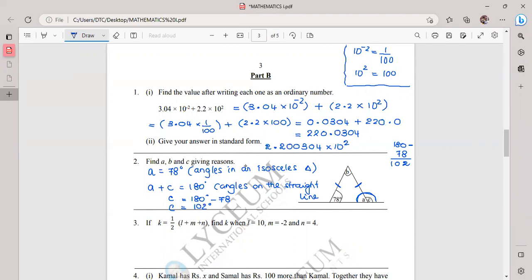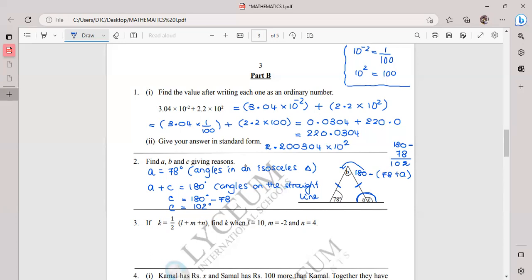So how are we going to find the B value? You can show your calculation here. 180 minus 78. I need more space, so I write here: 180 minus 78 plus A, right? 78 plus A, that means 78 plus 78.